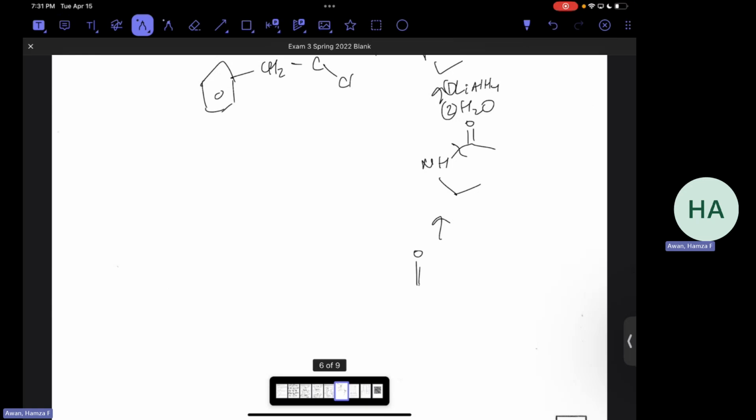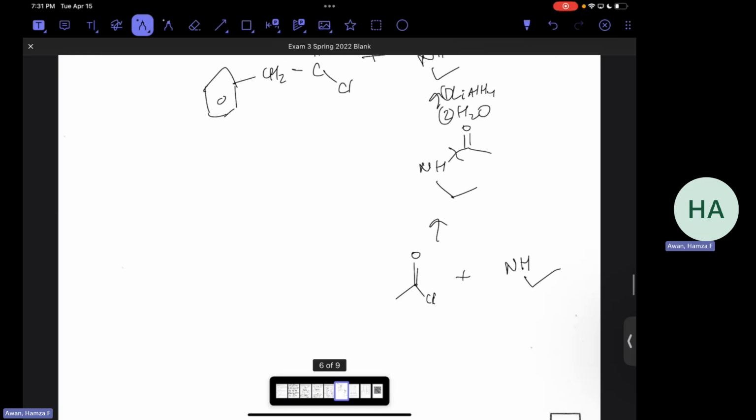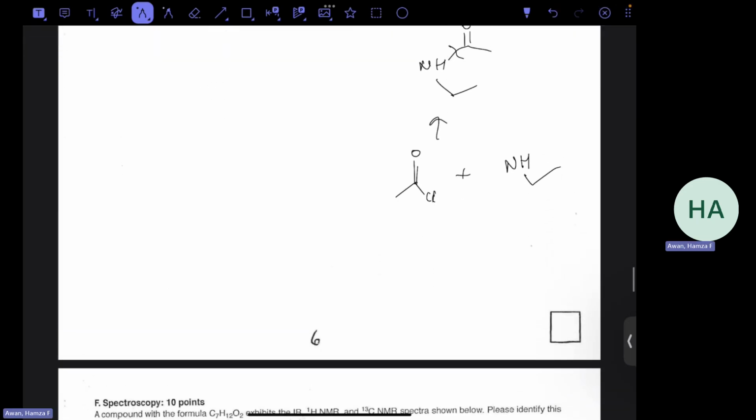So this oxygen is going to be an acid chloride, Cl, and then it has one carbon off, plus our NH that has two carbons on it. What we can do here is SOCl2, which will create our carboxylic acid, and then we can use Jones to get a primary alcohol.